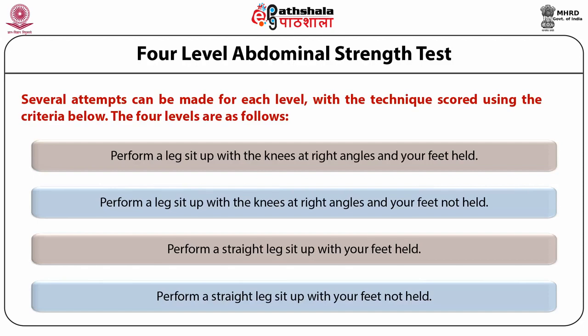The advantage of this test is that a moderate size group can be tested at once with minimal equipment required, and the disadvantage is that scoring is subjective and therefore results cannot be easily compared between groups.